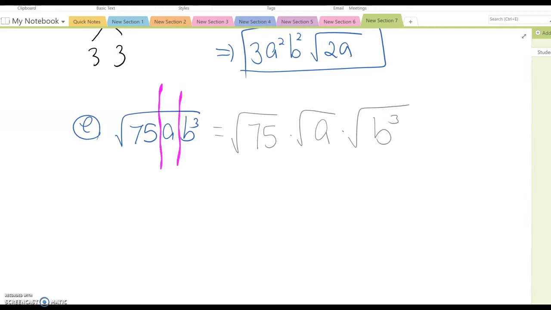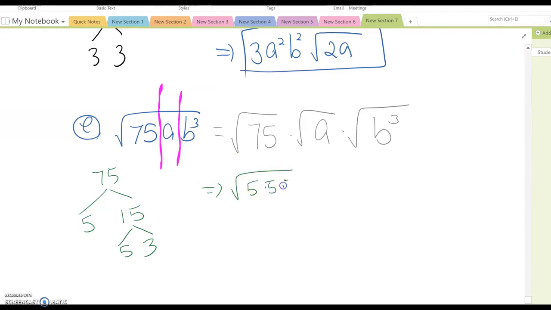Okay, 75 means 5 times 15, and this is 5 times 3. Therefore, this becomes 5 times 3 and root a and the root of b times b times b. Which numbers or variables make a square? As you see, this one and this one.